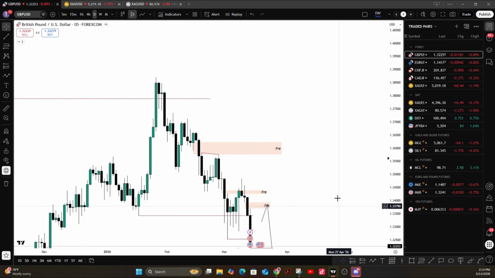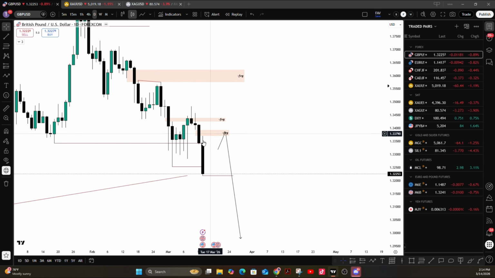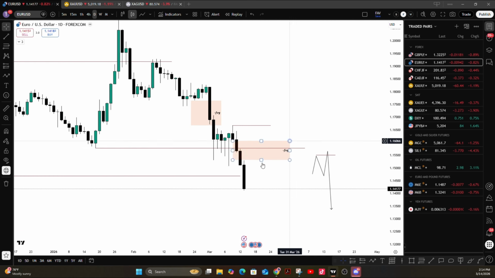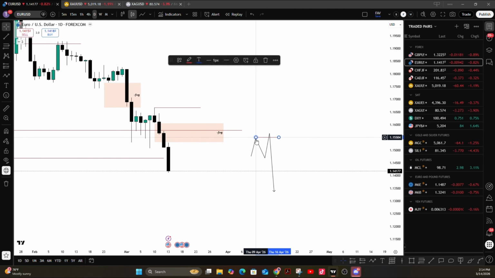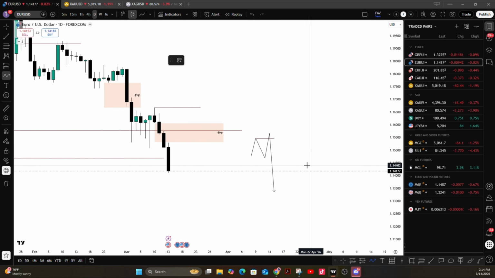So if GU also has a fair value gap that was left on the H1, or if the market doesn't reach this fair value gap, but you're looking at this high over here, which is also the same as on EU, I'll want to see if this high is taken out on EU, I'll want to see the same high not get taken out on GU. So the market does something like this, and this is SMT.